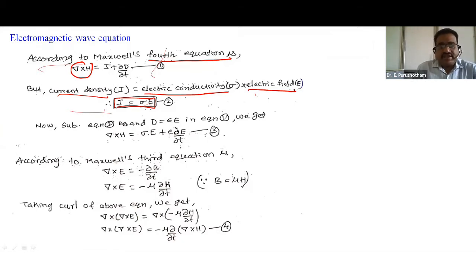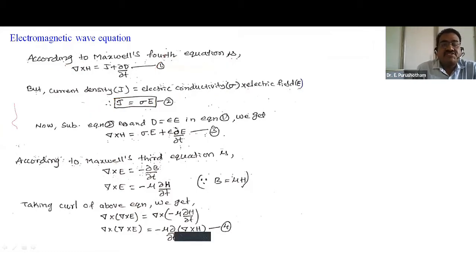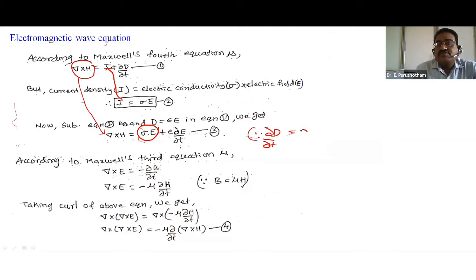So now substituting this equation 2, the J value, in equation 1. The left side of equation 1, curl of H, stays as it is, equal to, at the place of J, sigma E plus dou D by dou T. What is D?